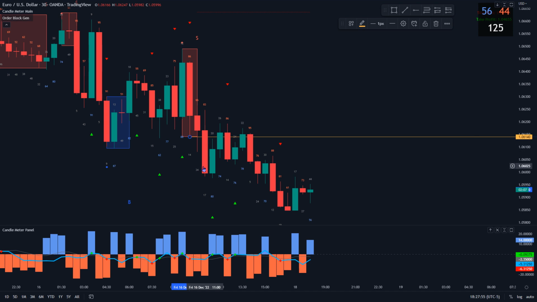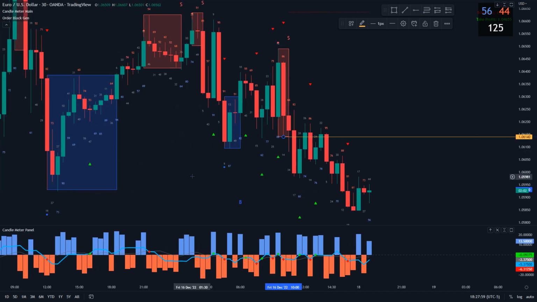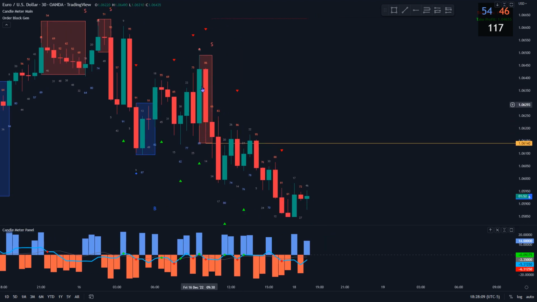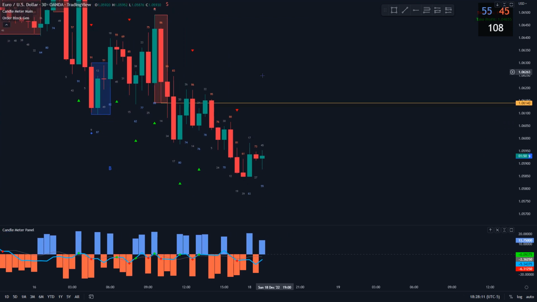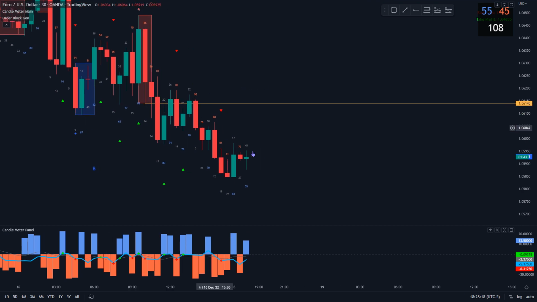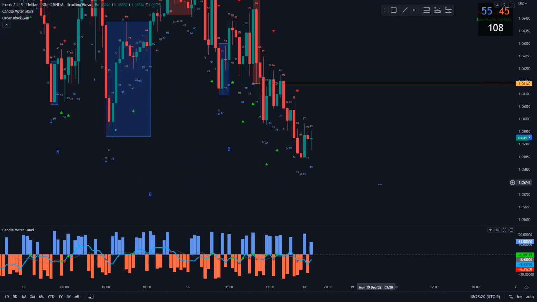Strong down candle close. It goes below this low. Not quite this low yet, but it does take the low that caused this high, which has been broken by a candle that meets the criteria, over 80. So we can believe this bearish order block will hold. That's what it does. It retraces into it, not very deep, but nevertheless it still hits the order block, and so far it's continued down.